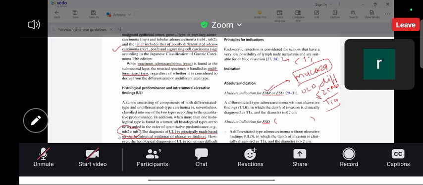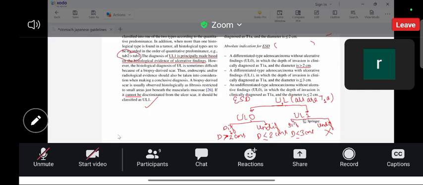Then what are the indications for endoscopic dissection, that is ESD? So we can understand from this flow chart. First we will see that all lesions are T1A for dissection as well. Then in that we will see whether it is ulcerated or not. So if it is not ulcerated, then we will see the type of differentiation, whether it is differentiated or undifferentiated.